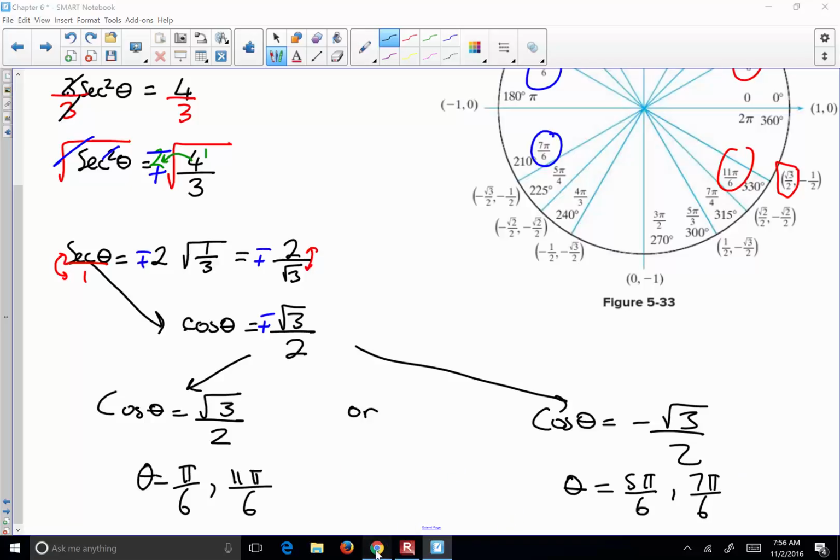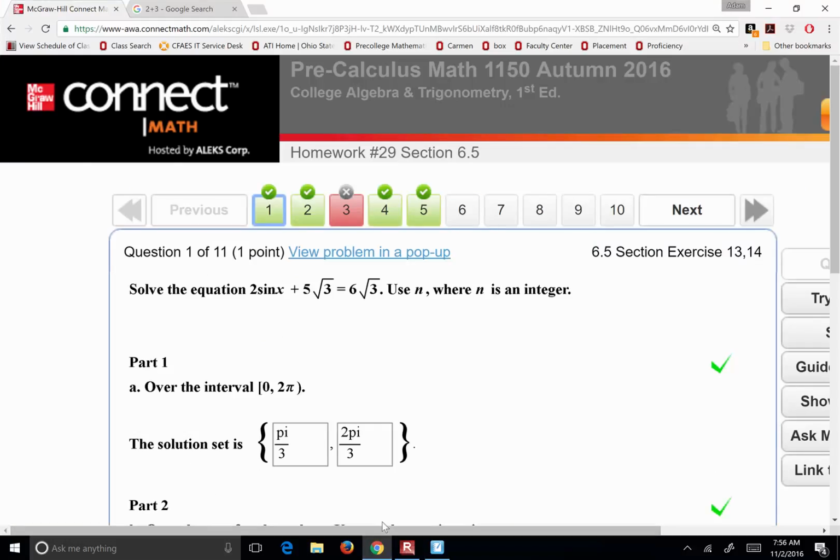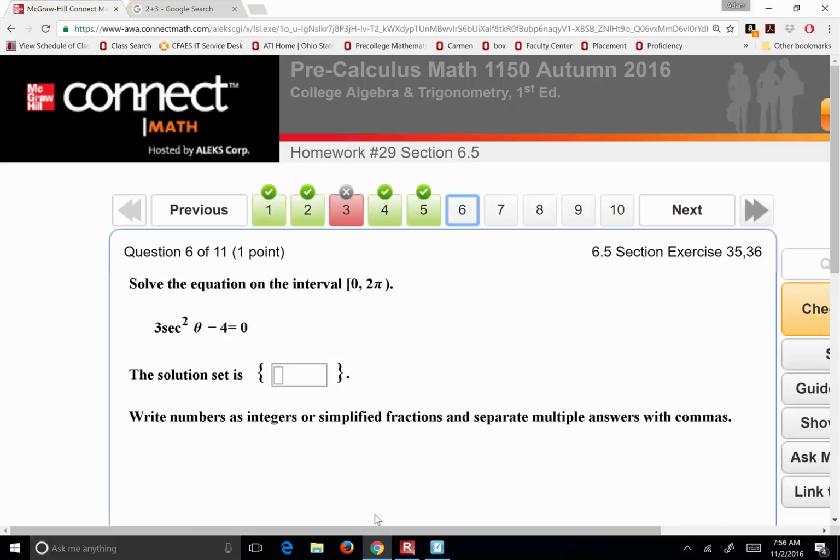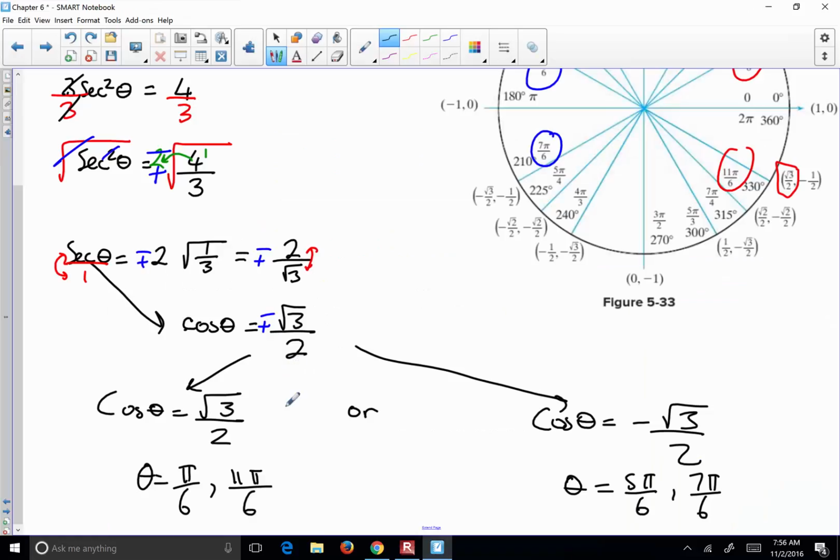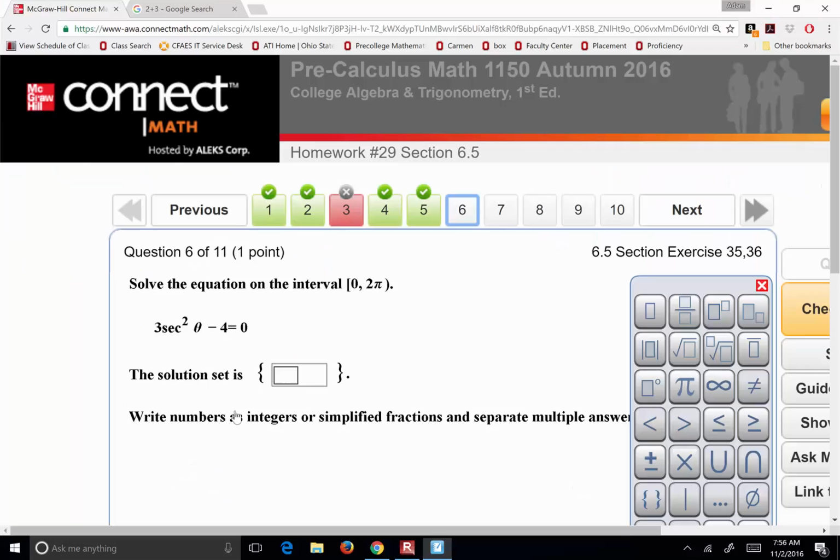All you need to do is just enter these values into the box. Alright, they want it in any order, right? I will still put them in ascending order anyways.